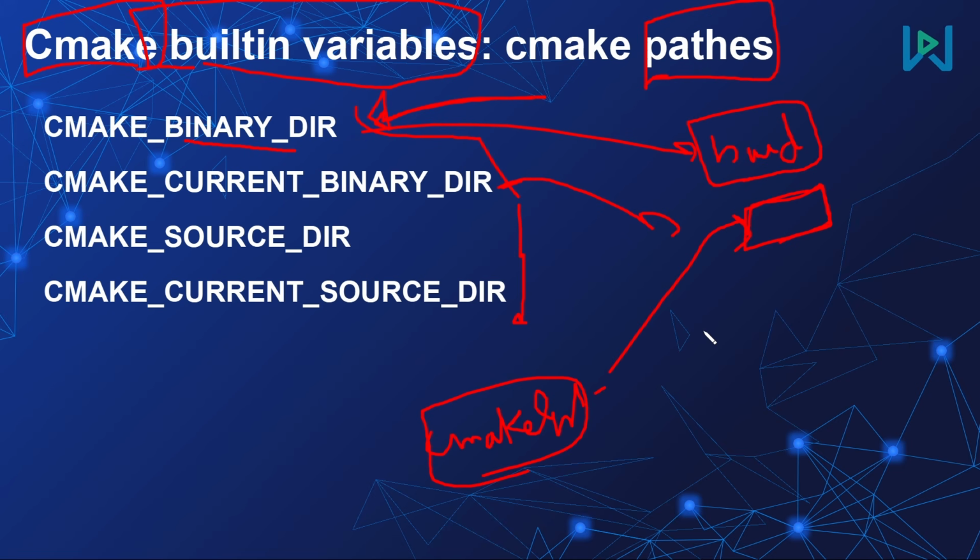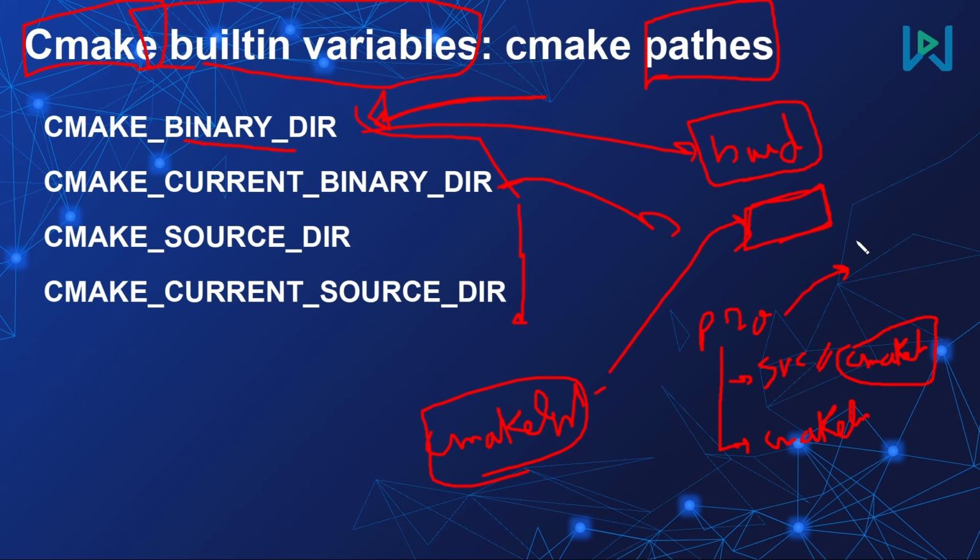Example, if you have your project like this, and you have your top CMake list here, then you have another subdirectory like source, and there you have another local CMake list dedicated only for anything located within this subdirectory.